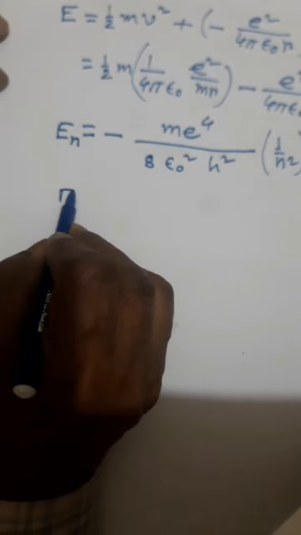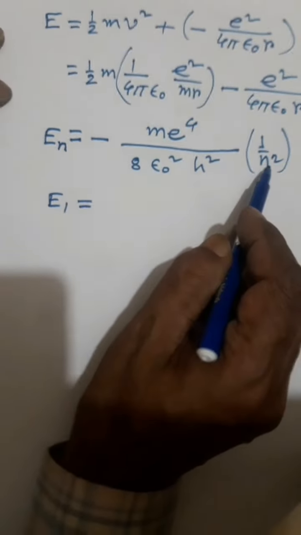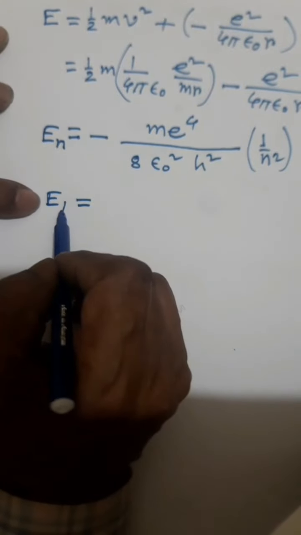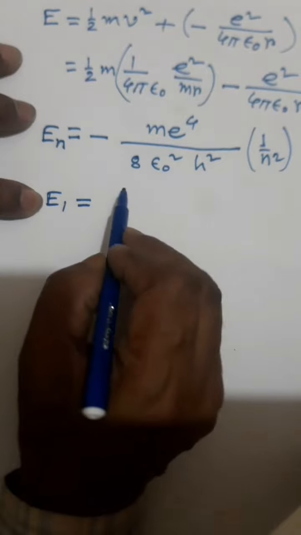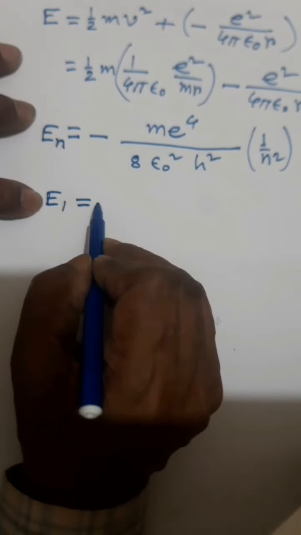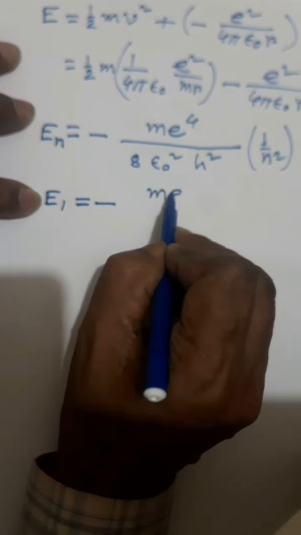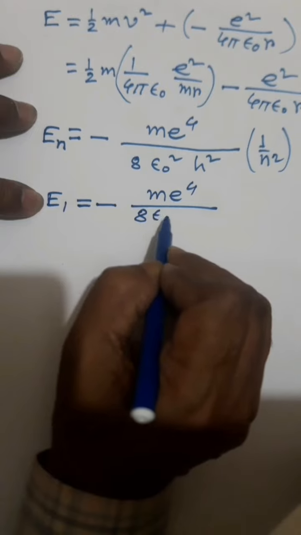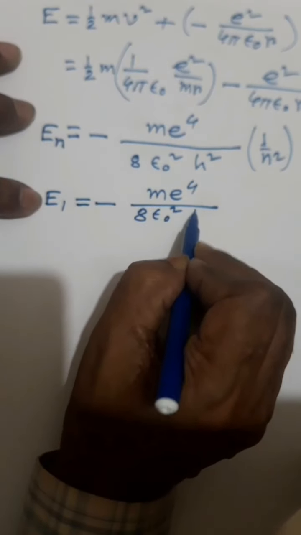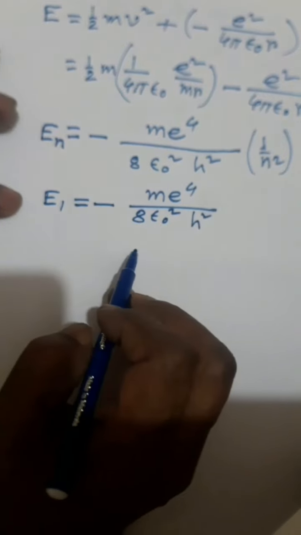Therefore, if n equal to 1, then E1, the energy of the first orbit, first shell, is minus m e to the power 4 divided by 8 epsilon naught square h square.